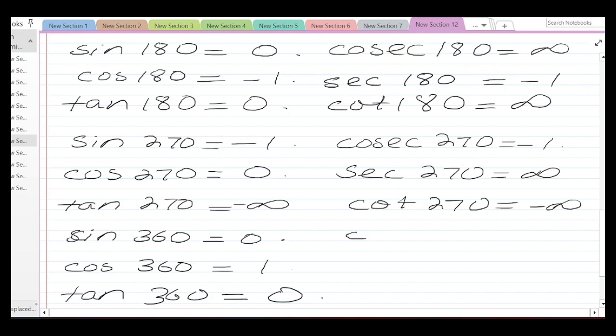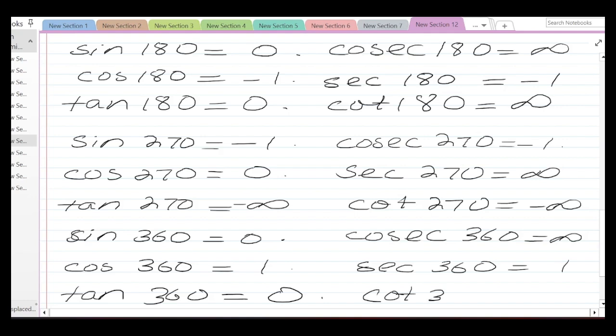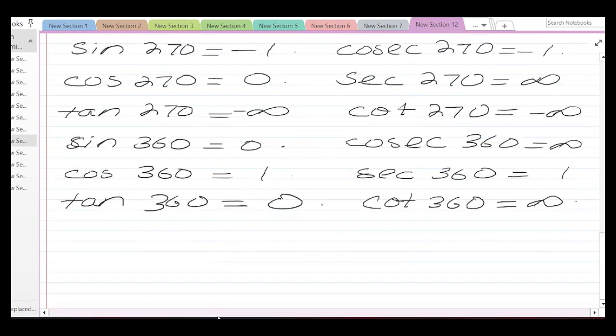So we can say that the cosec of 360 is equal to undefined, and then the sec of 360 is equal to 1, and for the last, cot of 360 will be equal to undefined. And if you focused on the table, then you might realize that the trigonometric ratios for 0 degrees are also the same for 360 degrees. So this is a point that you should always remember.